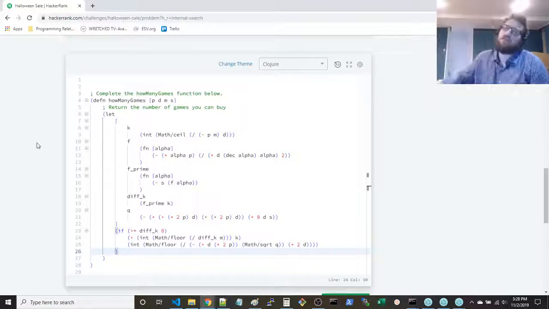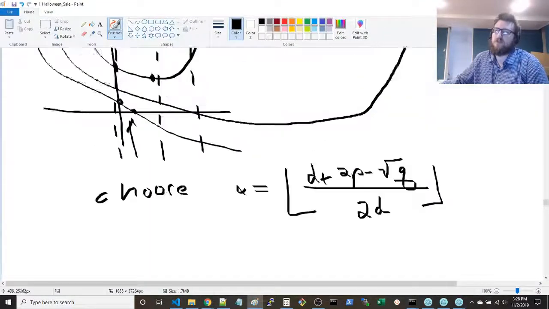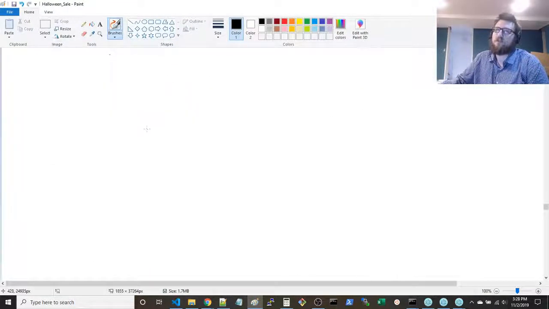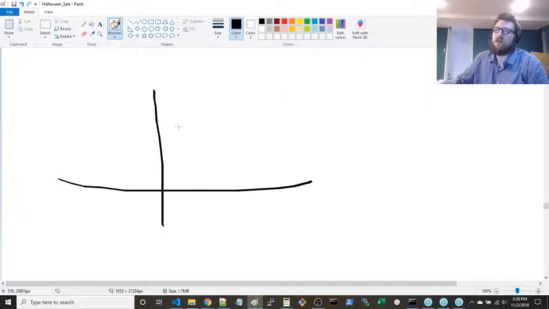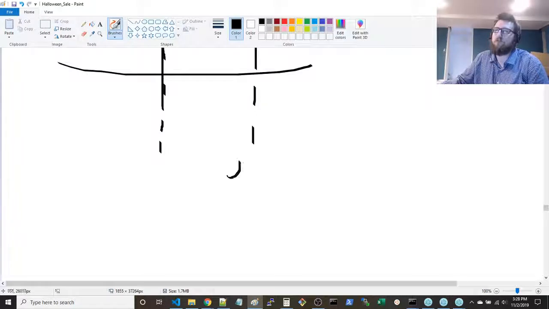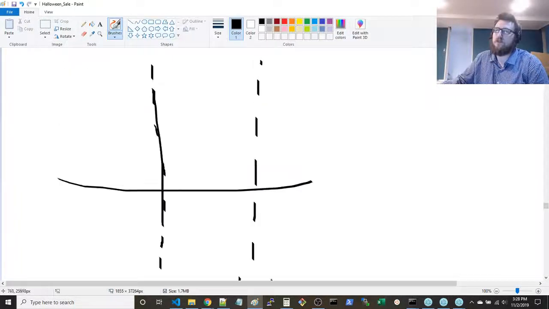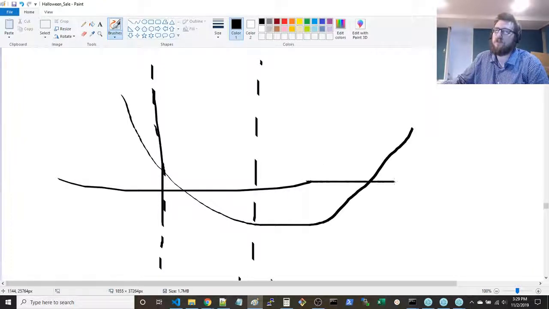The logical part that I was really missing is that you basically have a cutoff. You have a parabola, and you've got two cutoff points, right? You can't use alpha that's less than 0, and you can't use alpha beyond alpha equals k. And then you've got a few different variations of curves. This is sort of your money as you're buying things.